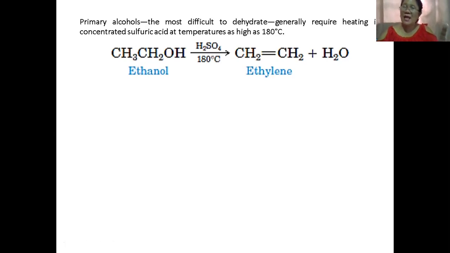Primary alcohol, what will happen? In the dehydration process, you will form an alkene and water. Your OH will combine with your hydrogen on the adjacent carbon, the carbon next to where the OH is connected.